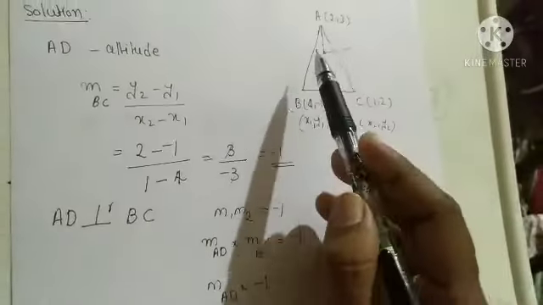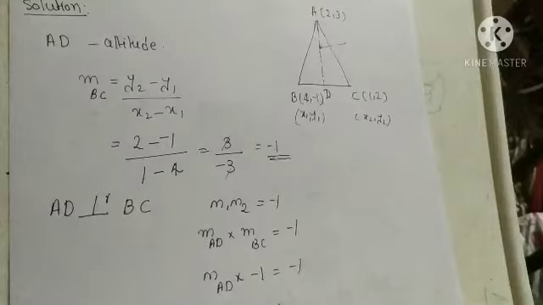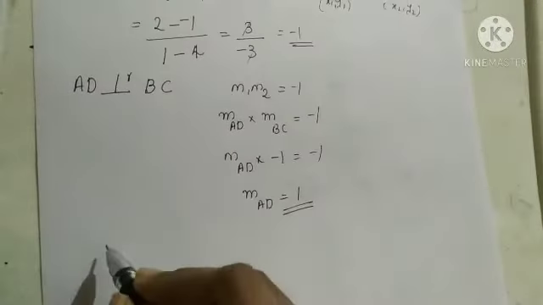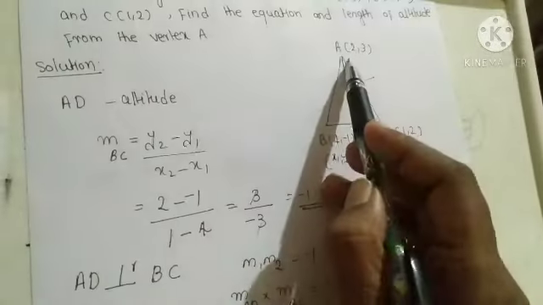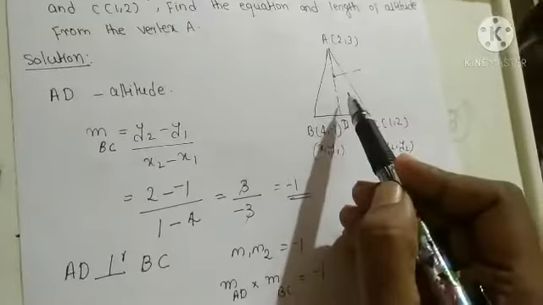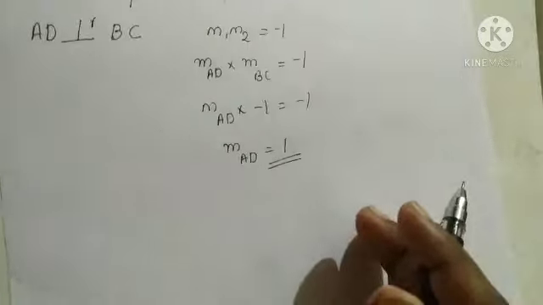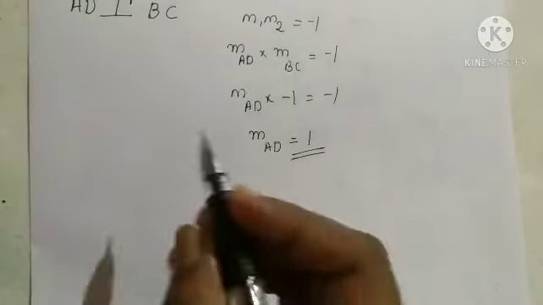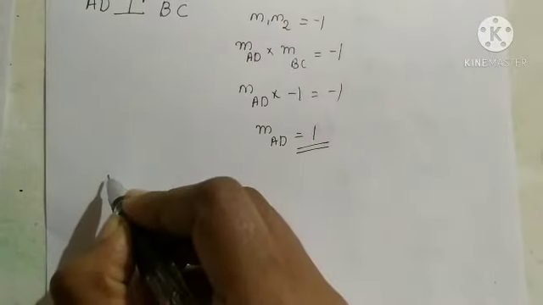Next, I'm going to find the equation of AD. If one point and slope are given, the equation of a line can be found by the point-slope form.